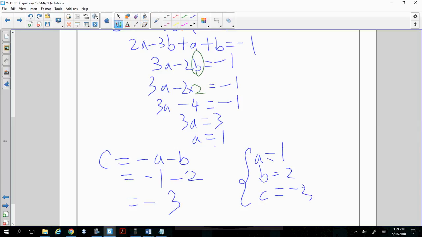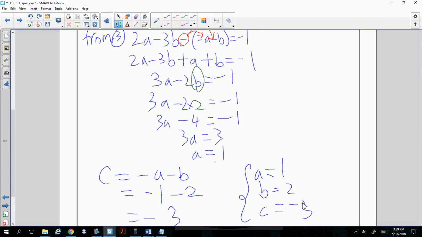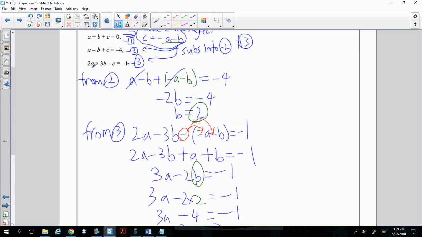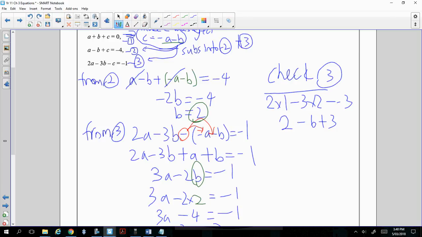Alright, so if I check that again, that is 1, 2, negative 3. With equation 3: 2 times 1 minus 3 times 2 minus negative 3, so that will be negative 6 plus 3 plus 2, it does equal negative 1. It's correct.